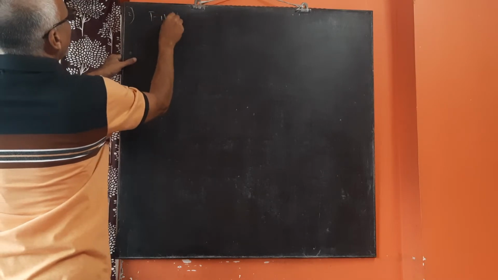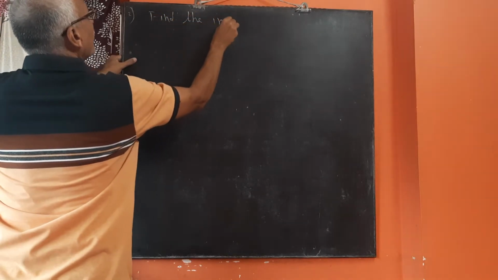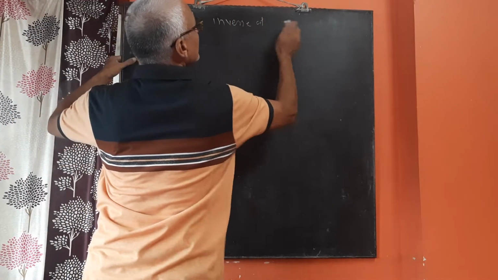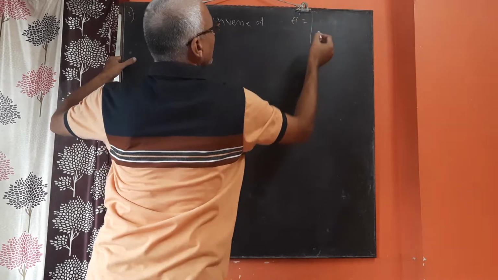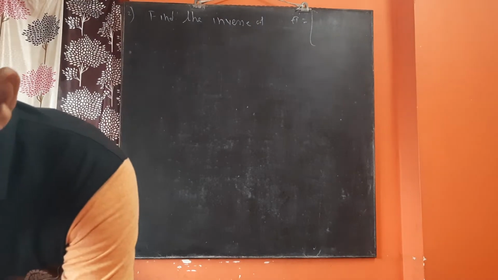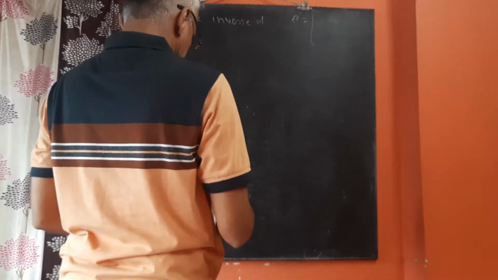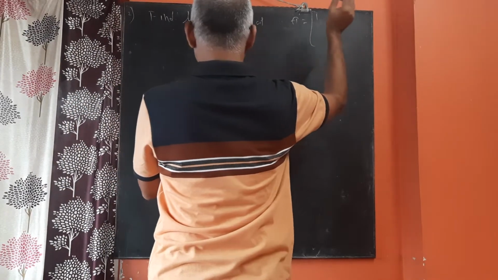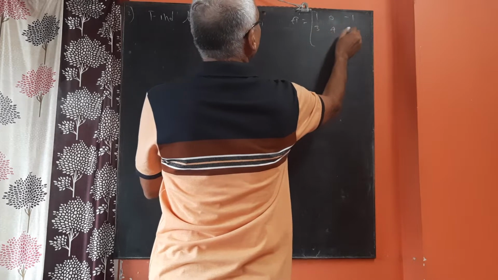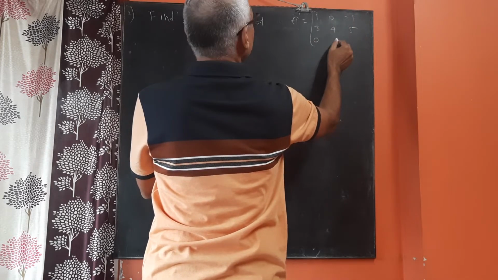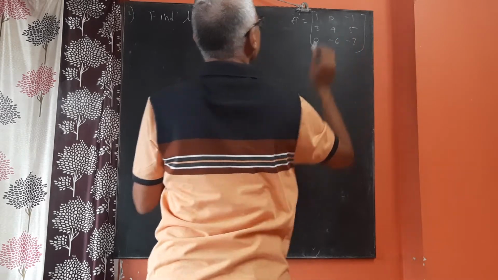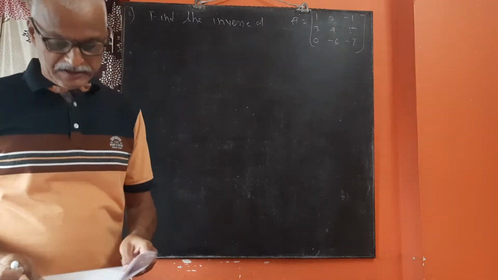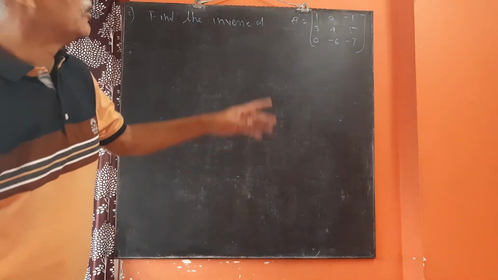Find the inverse of A equal to the matrix 1 0 minus 1, 3 4 5, 0 minus 6 minus 7. We have to find the inverse of this matrix. You have already solved a problem; in the same way, we have to solve the second problem.